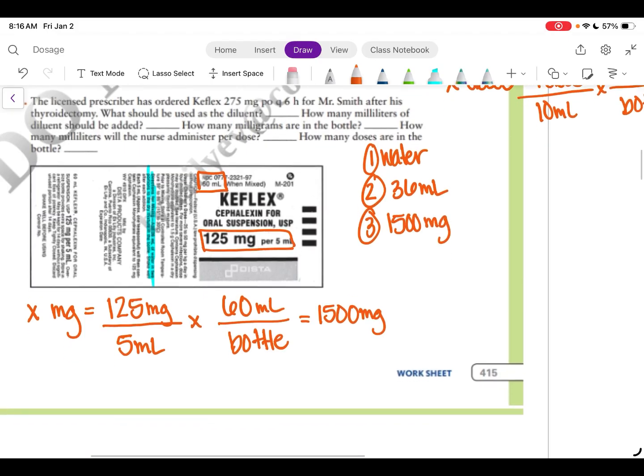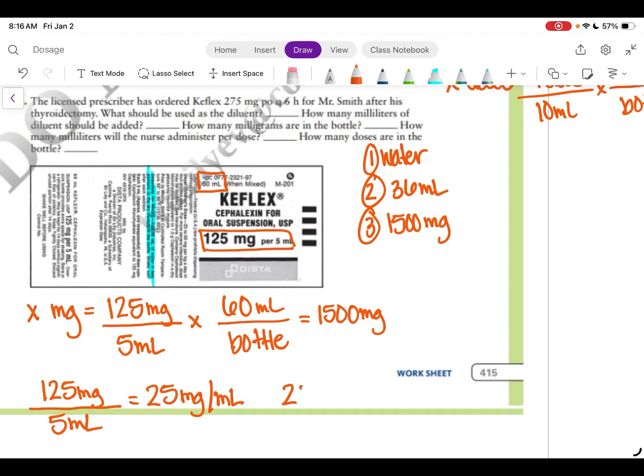Again, you can do the other way, so where you just figure out how many milligrams it is per 1 milliliter. So you'll take that 125 and divide it by 5, giving you 25 milligrams per milliliter.